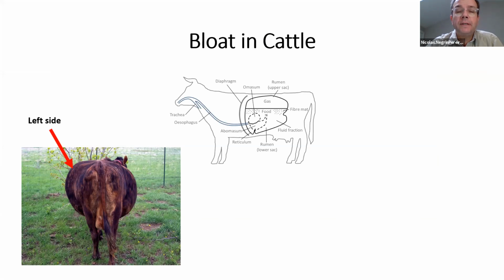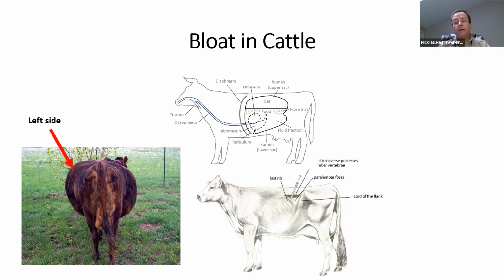So here you have a diagram showing you that the rumen is not always at its whole capacity full with roughage. There is an upper space, of course, where the gas will be located. And one of the things we can do to control that is puncture. Sometimes there is a trocar we normally use. We will puncture the left paralumbar fossa and eliminate the gas.